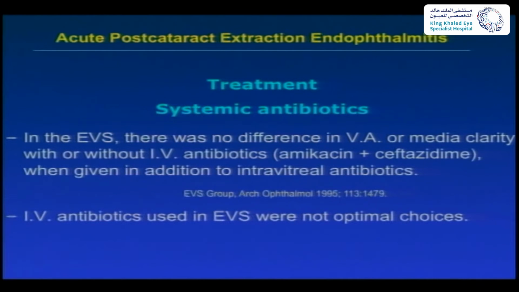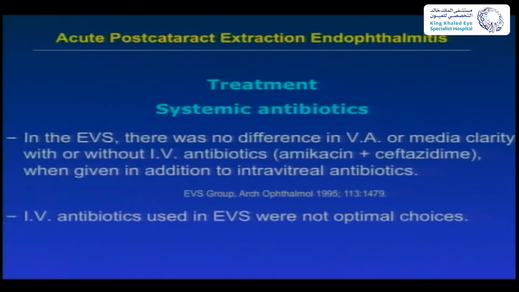However, the combination that was selected by the study was very funny. They combined amikacin and ceftazidime. Amikacin will cover which bacteria? And ceftazidime? And most of the bacteria isolated are gram-positive. If you go back to the literature, you will see that this combination received a lot of discussion and a lot of objections.